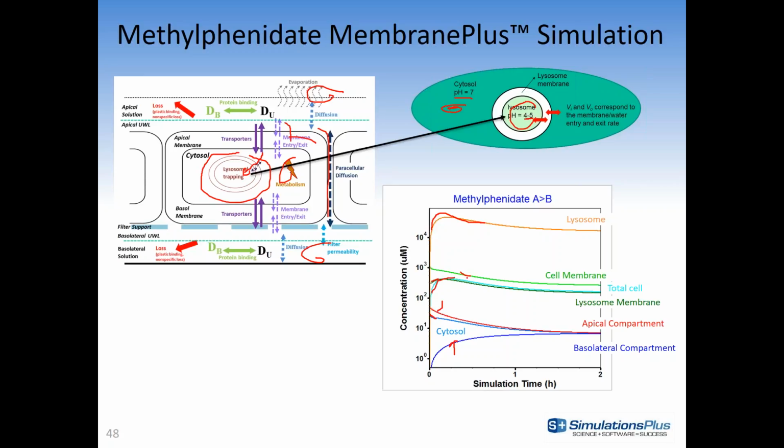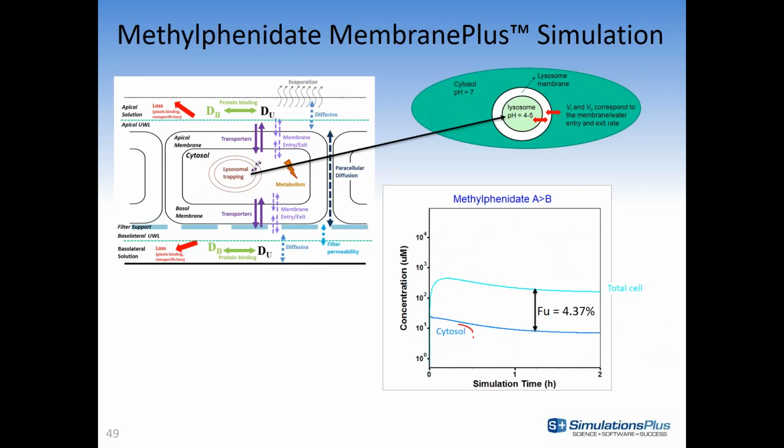If we simply look at only the cytosol concentration and compare it to the total cell concentration accounting for accumulation in membranes as well as lysosomes, we can start getting estimates for what this fraction unbound in the cells would be.